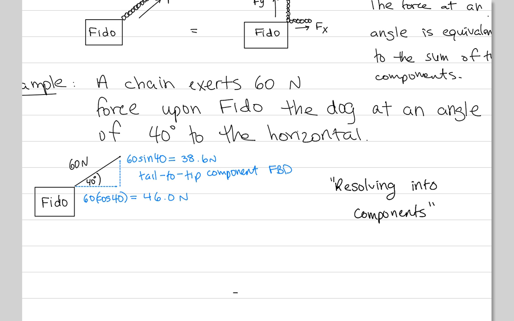Would you use the hypotenuse, the vertical, or the horizontal component? If I'm pulling this dog and the force of friction is what I'm looking for, yeah, you'd have to use the horizontal component because the motion and the friction would be left and right. But what if I asked what the normal force on the dog was? What component would you use? You'd have to use the vertical component.